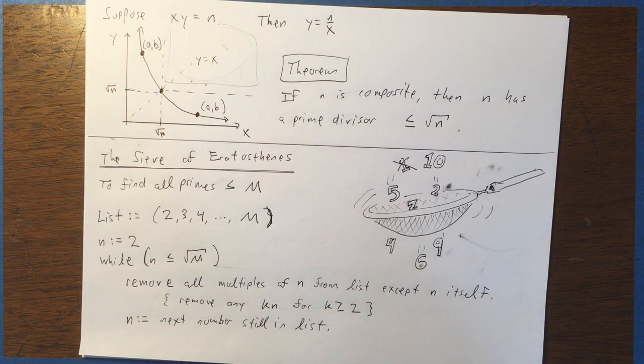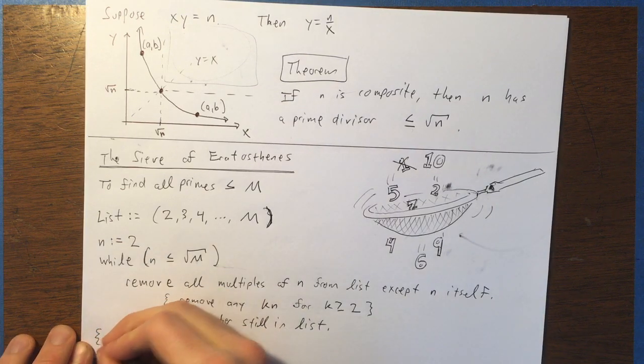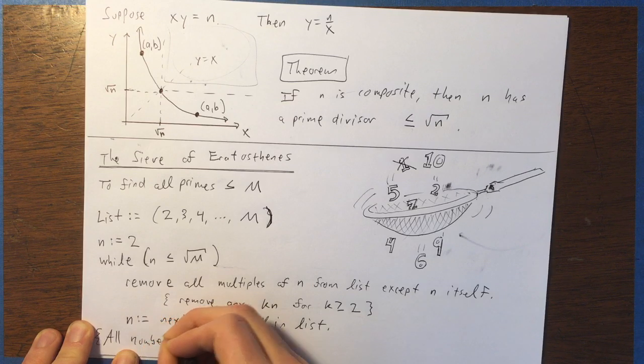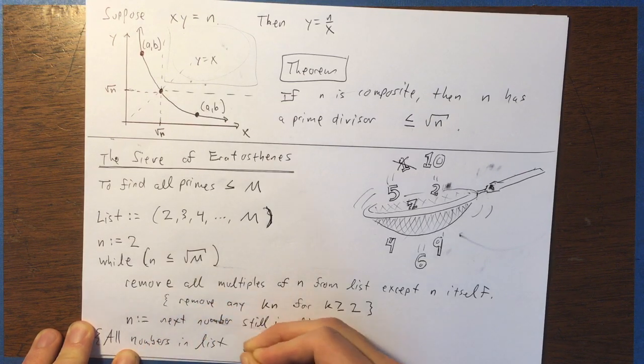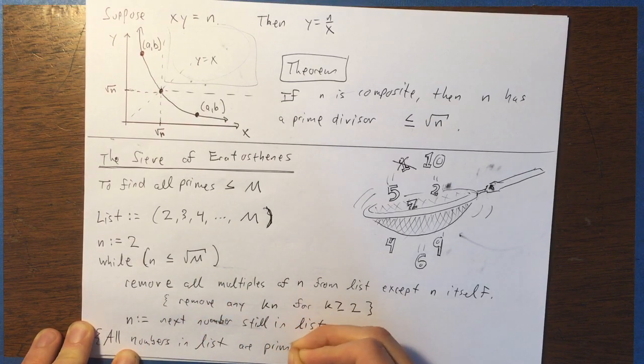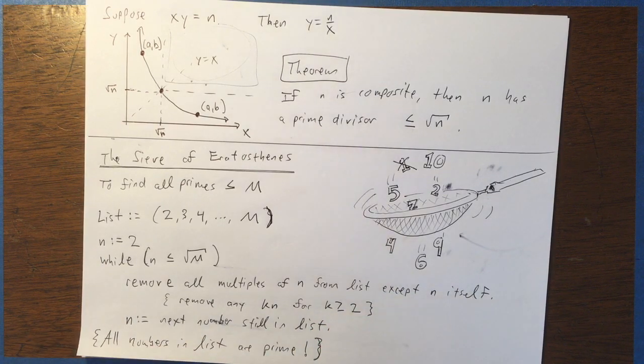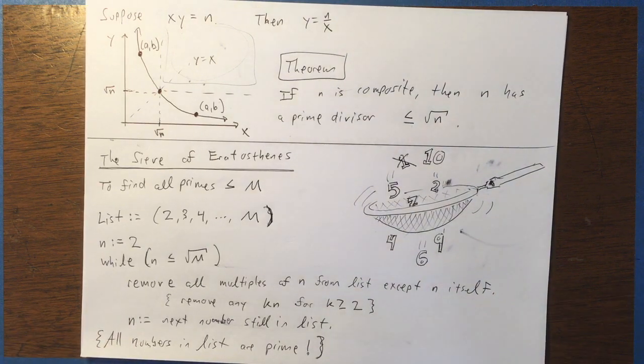Okay? And then, when we're done, all numbers still in the list are prime. How do we know that? Well, because as we move along, we're removing multiples of our numbers. So we're removing the composite numbers, right? And what we're left with is just the primes.